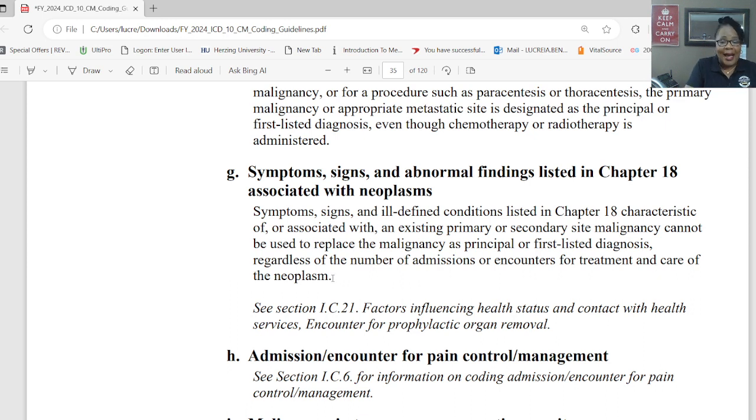So again, you could have nausea and vomiting, dizziness, headache, etc. But all of those are a result of the neoplasm. And that is why the neoplasm is always sequenced first. Had they not had the neoplasm, they would not have these signs or symptoms.